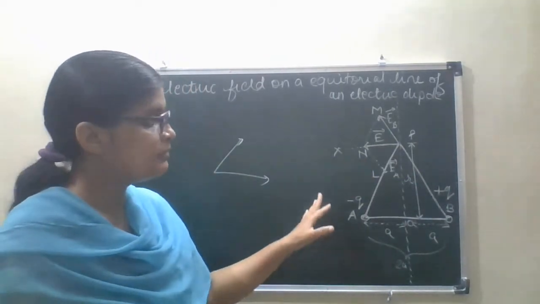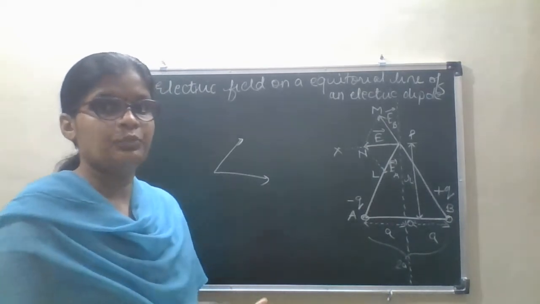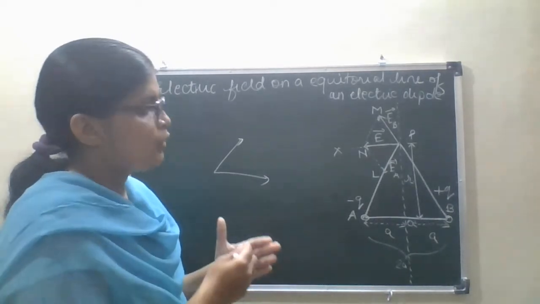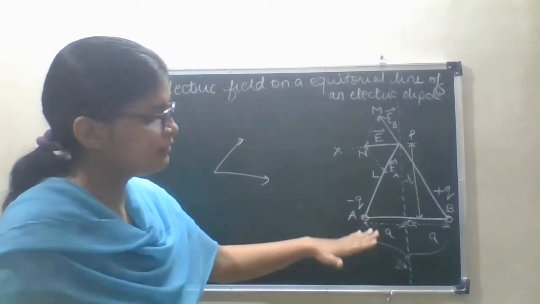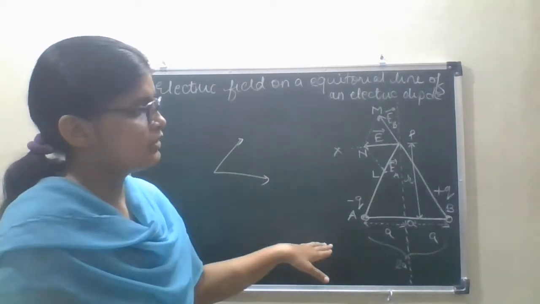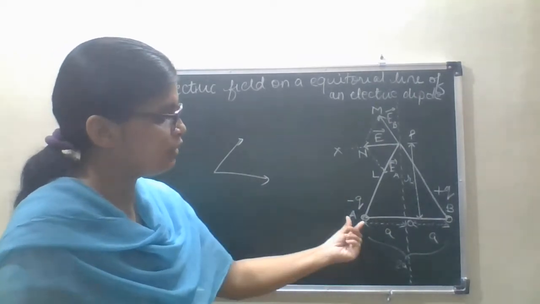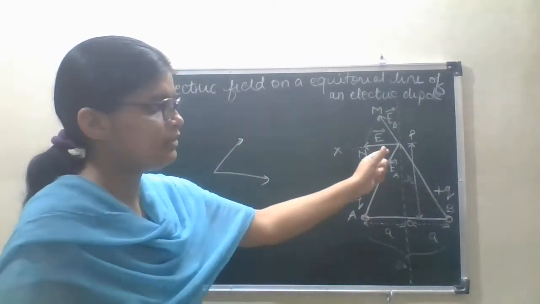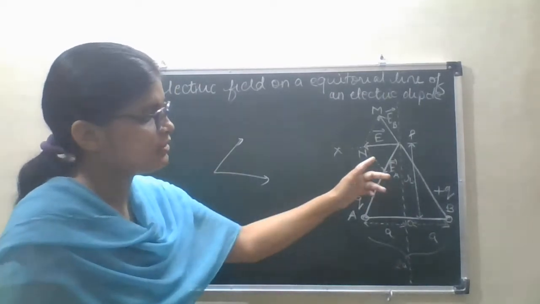So what are we doing? We are calculating the electric field at a point P at a distance r from the dipole. While calculating this, as the triangle is an equilateral triangle and the point is considered on one of its vertices, we have two vectors.